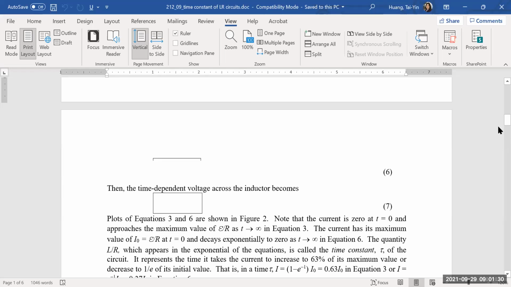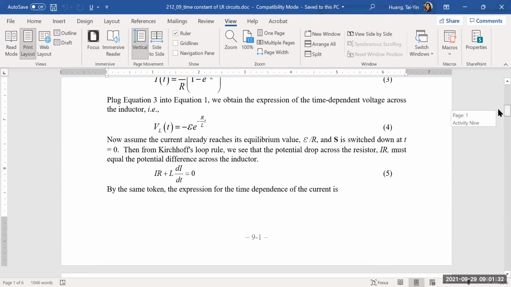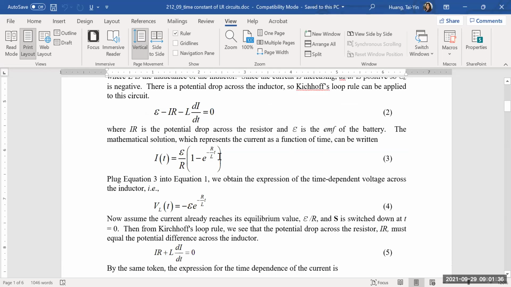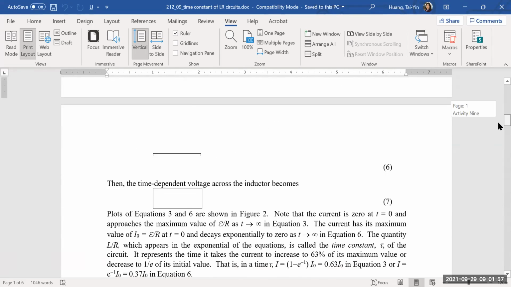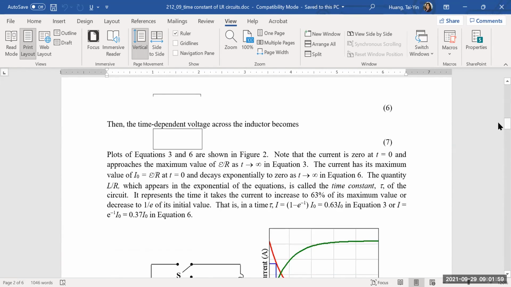Interesting, but anyway, the current will have the EMF over R and then times, just ignore this 1 minus. In the lab packet, this is correct. So you have the EMF over R and then e to the minus R over L times t. And then the voltage will take the same form, but without the minus sign in front of it. That will be for equations 6 and 7 respectively.